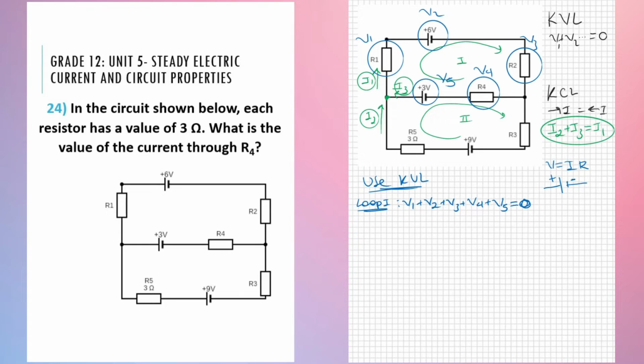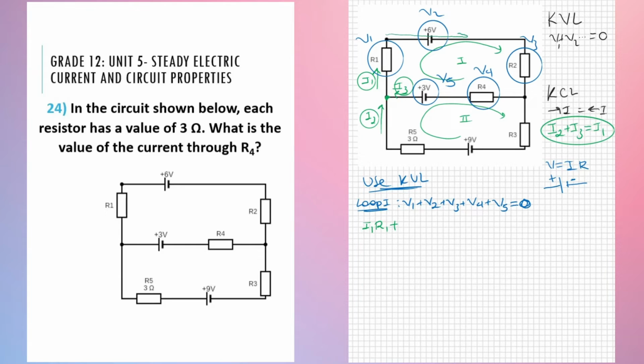That will be clear once we do this example. V1 is equal to the current flowing through R1, which is I1, times R1. Plus, when we look at V2, the trick to writing the voltage as either positive or negative is to consider the direction of the current flowing through the cell.